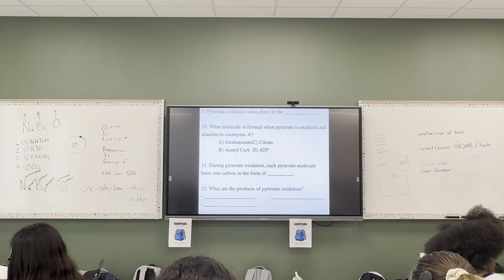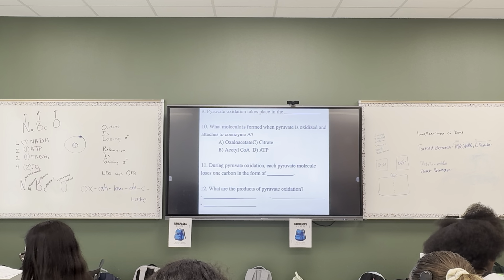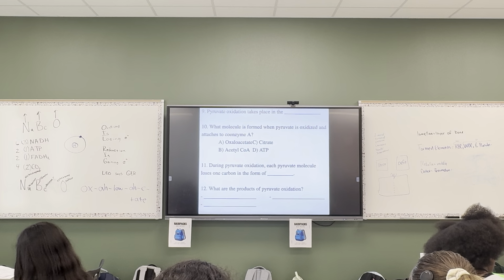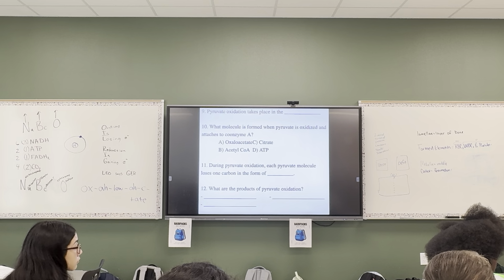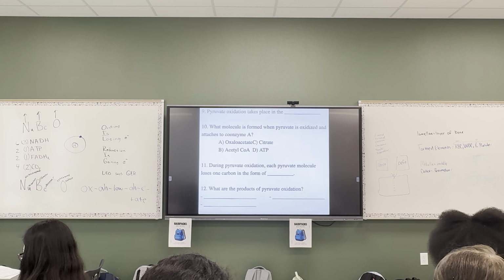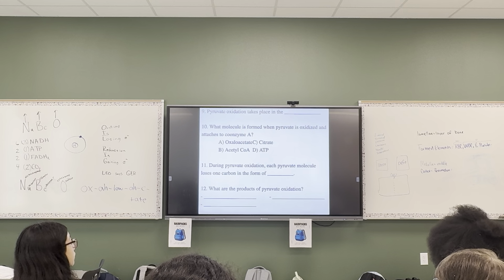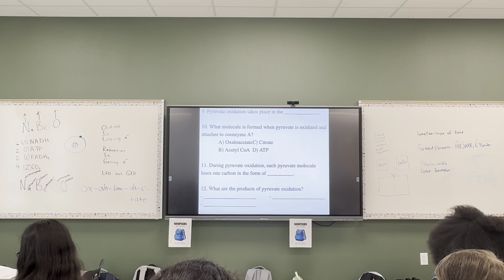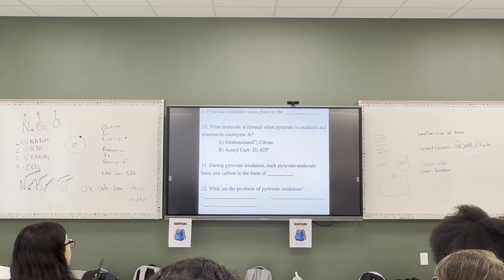Number 9 says pyruvate oxidation takes place in the mitochondrial matrix. So if you look right here on page 8.4, the first step, glycolysis, happens outside of the mitochondria. It happens in the cytosol or the cytoplasm.